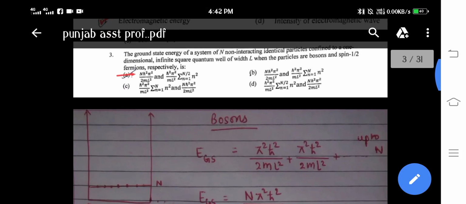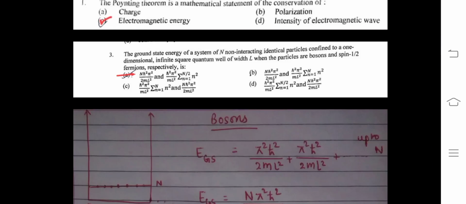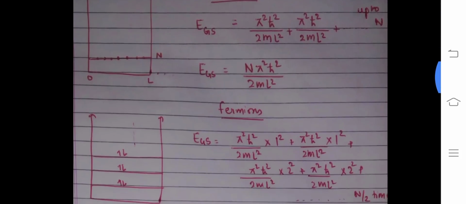If you see the options, there are two options which look the same, but if you clearly see the summation sign, then option A will be the correct one rather than B.